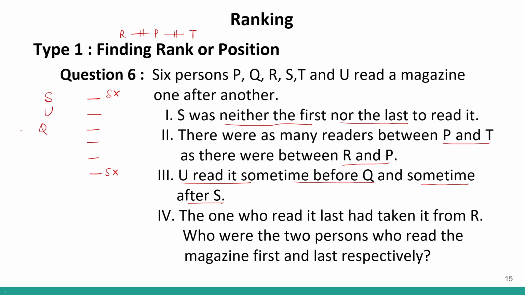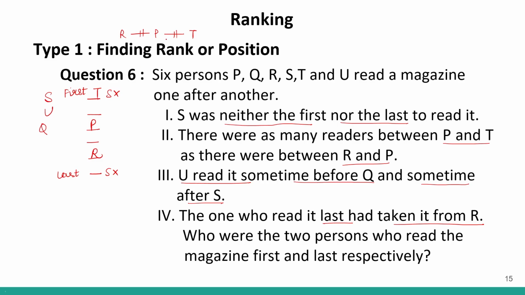Correct? Now, the one who read it last had taken it from R. So this is the first person who read it over here, and this is the last person who read it. So the last person read it after R, so R will come here. If R comes here, basically P will come here and T will come here. Correct?